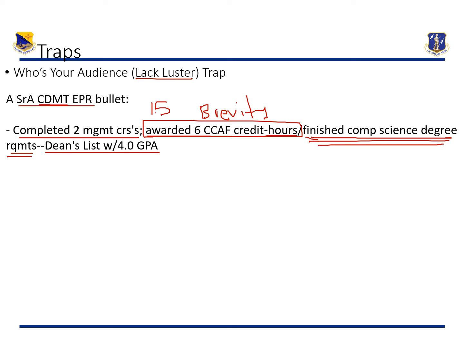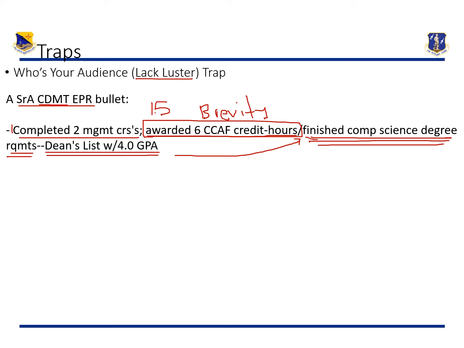And then as a result, at the highest level, he's saying that he's on the Dean's List with a 4.0 GPA when he clearly has already finished. And so this result should be part of the impact, and then this statement here should be the end result. And so a phenomenal accomplishment that a member just did has been washed away.